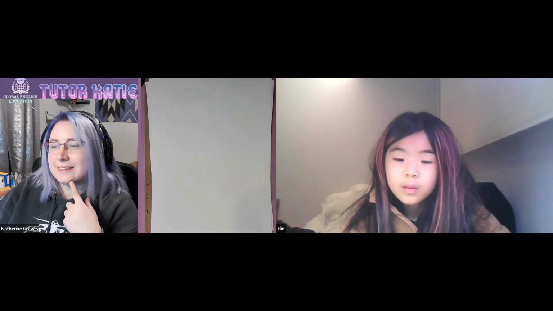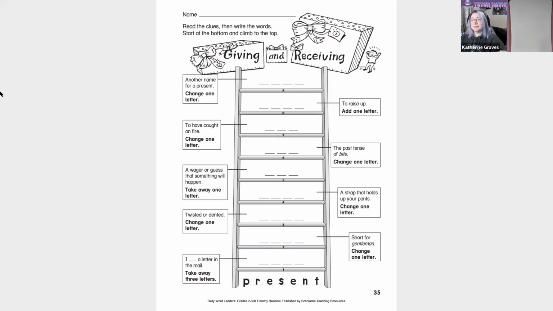Word ladders. All right, and we have a handful more holiday themed, like this one. Giving and receiving.